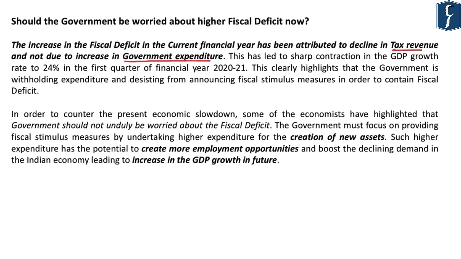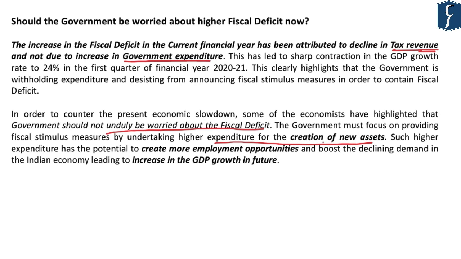However, it has been pointed out by many economists that government should not unduly be worried about the fiscal deficit, because this fiscal deficit is not because of increased expenditure by government, rather it is on account of decreased revenue. So this is not the case of bad fiscal discipline. And government must focus on providing fiscal stimulus measures by undertaking higher expenditure for the creation of new assets.